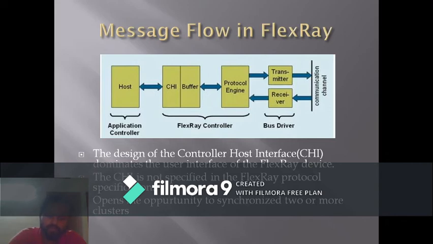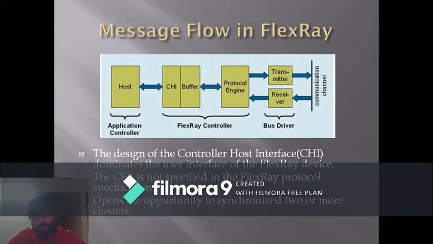Then comes the FlexRay communication controller, which comprises the controller host interface, a buffer, and a protocol engine. The FlexRay communication controller is used to interface the FlexRay bus data with the host controller and also handles transmission and reception message processing.